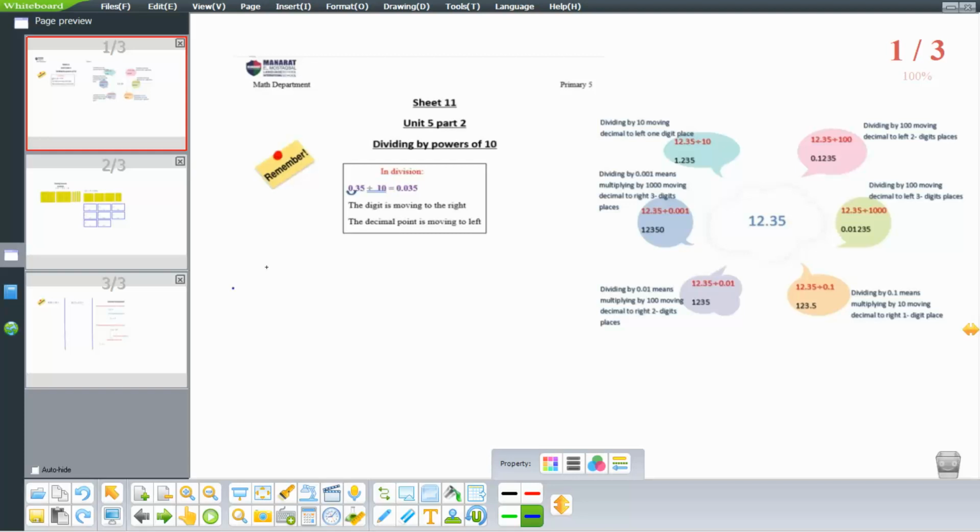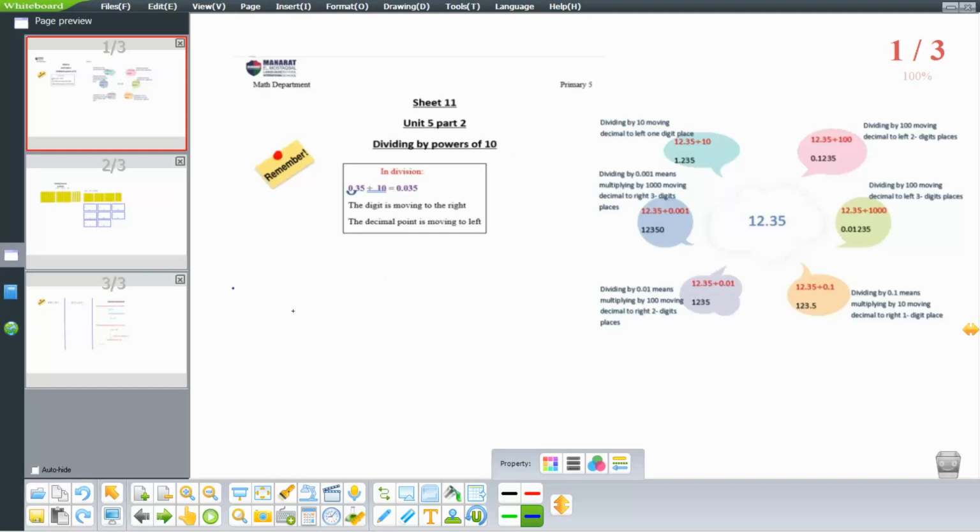If I want to move the decimal, we are going to move it to the left. So in division, let's fix the rule: we are going to move the decimal to the left. So 0.35 divided by 10 means 0.035.